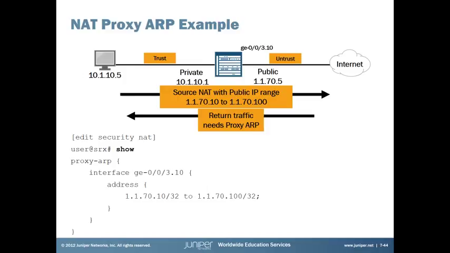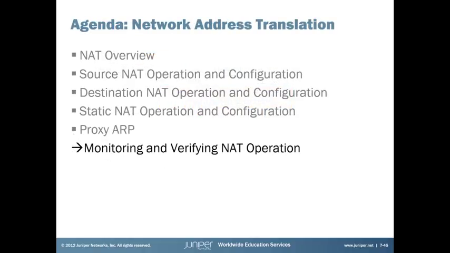What happens is the source NAT goes out with a public range, and return traffic needs proxy ARP to come back and find our actual interface address, our layer 2 address.